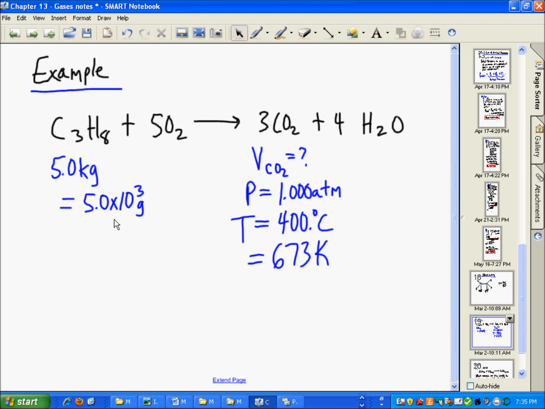And what the question wants is the volume of CO2 under conditions of 1 atmosphere, 400 degrees Celsius, which is the same as 673 Kelvin. So let's put this information on a mole map.